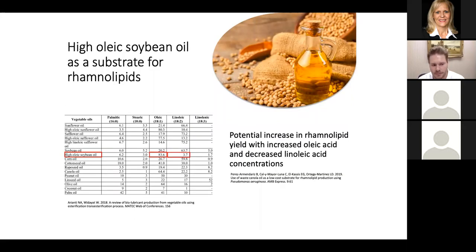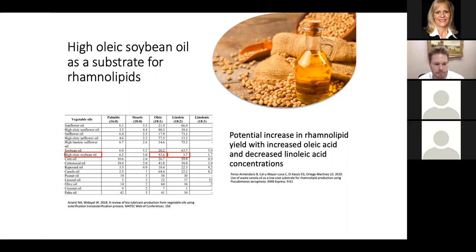Research evaluating different oils and fermentations for rhamnolipid production indicated that increased oleic acid concentrations and decreased linoleic acid concentrations may be beneficial for rhamnolipid production due to an increased affinity for oleic acid over linoleic acid, and this resulted in increased rhamnolipid yields.